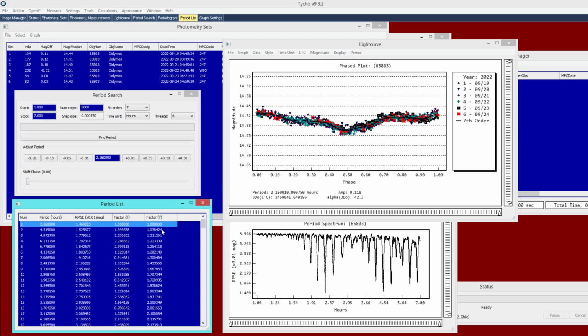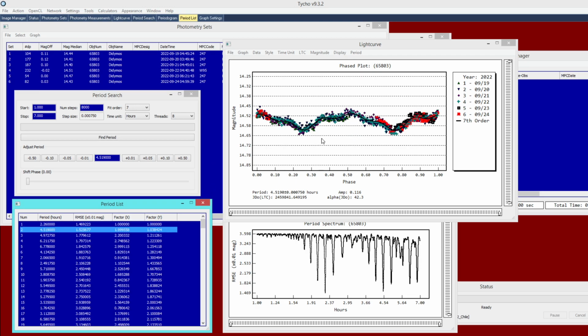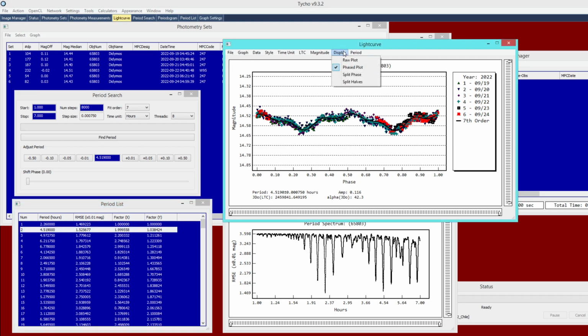If I take a look at the bimodal curve here and do the split halves plot, I've actually added two different variations of this. One is split phase, the other is split halves. Split phase simply overlays that second half onto the first half, and you can see that it overlays quite well.